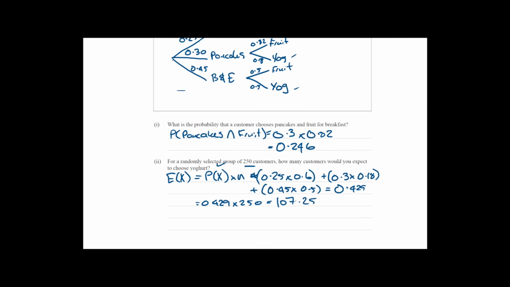Okay, now you could leave it like that. You'd probably be better because we're dealing with people to round it down to a whole person, you can't have a quarter of the person walk into a cafe. Yeah, they tend to not really appreciate that. It leaves quite a mess.